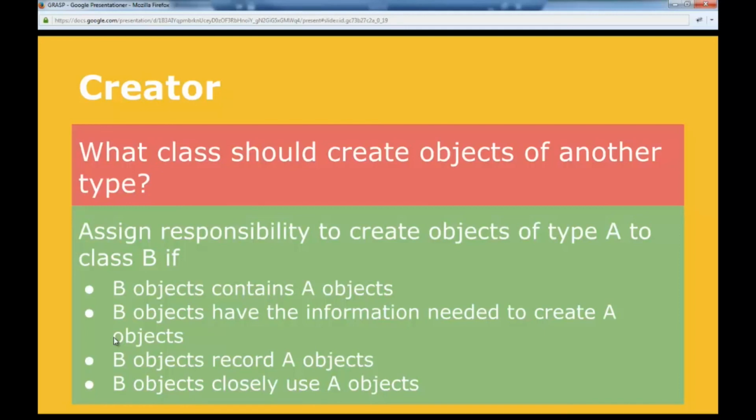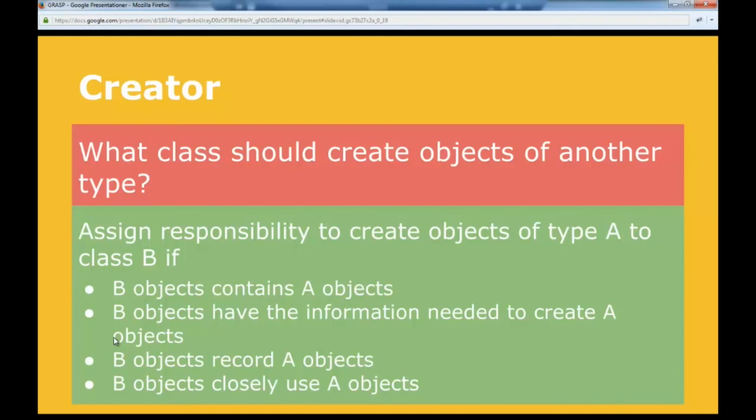The second rule is to know that B objects have the information needed to create A objects. This was actually a little bit the case in the card creation also, because we could not just create cards at random. We needed a combination of every color and value, but not any duplications. So we needed to know what cards we had already put inside the deck.